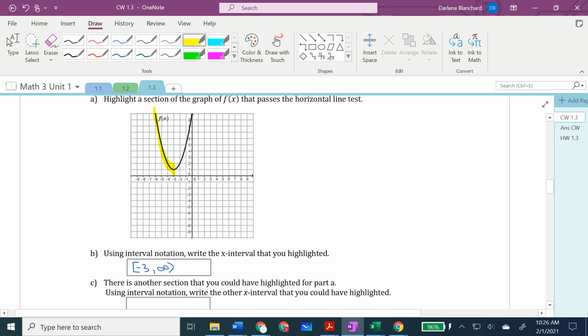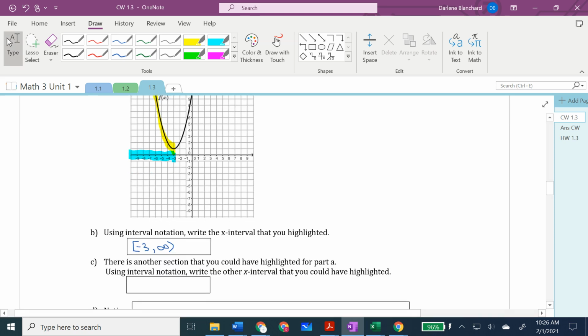Now, perhaps you started by highlighting the left side, then this time you would highlight the right side. The x interval where I have this highlighted is -3 for x and everything to the left of that. The interval notation is from -infinity until I reach -3, and I include -3.